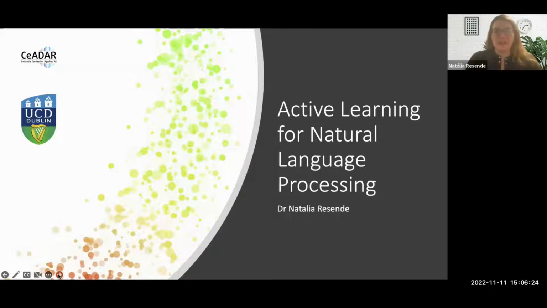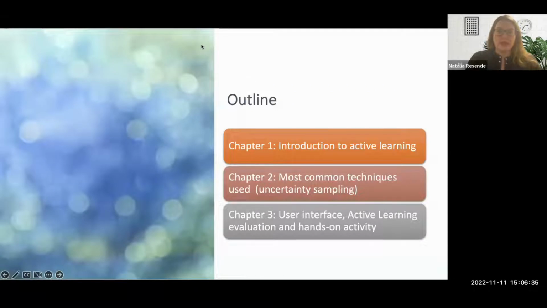I'm very excited for today's session because we are going to see how everything really works in practice. Today I planned to show you the most common techniques used for active learning and for selecting the most informative and the most useful examples for human annotation.